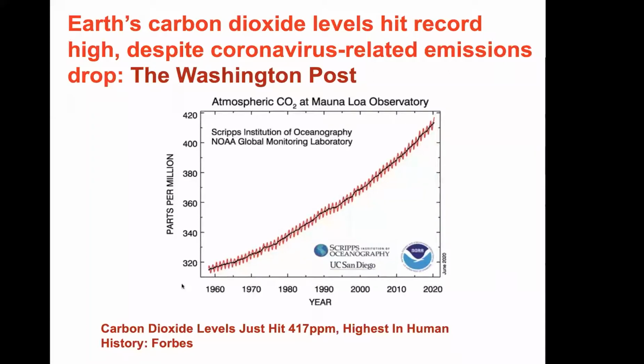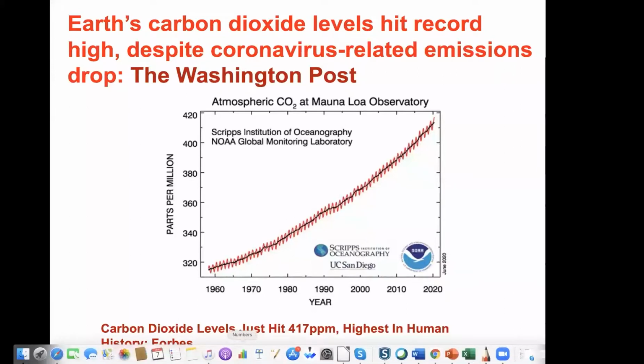And this year, along with last year, that means 2020, along with our pandemic condition, we also hit another milestone, the highest level of carbon dioxide in human history, 417 ppm.